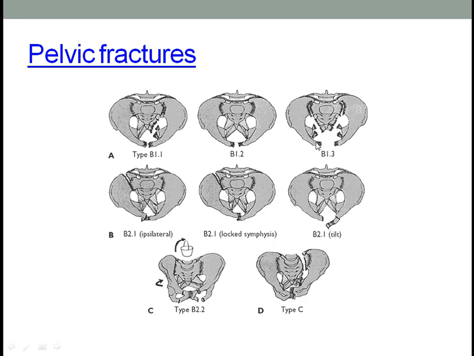Yes, and as we see also here, this is another ligamentous injury, and here we can call it an open book pelvis. Here, this part of the pelvis turns laterally, and it can be described as an open book pelvis.